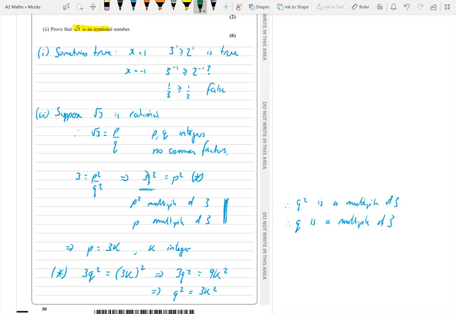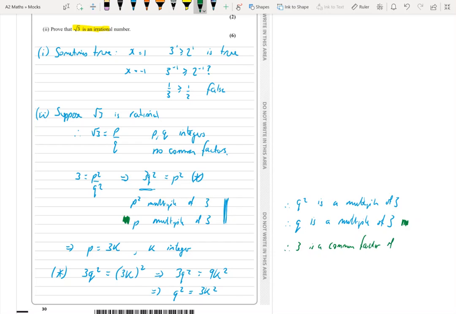So just use a little bit of colour to make the point. At this stage here, we found out that p must be a multiple of 3. And at this stage here, where we've just stopped, we found that q must be a multiple of 3. So p and q both are divisible by 3. P and q have a common factor. 3 is a common factor of p and q.